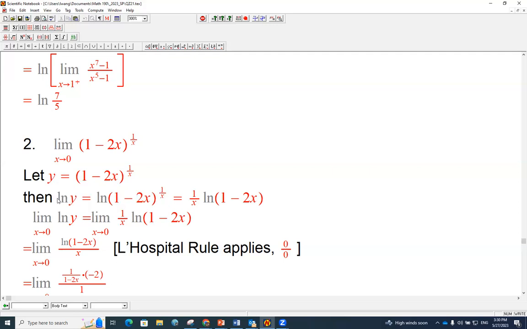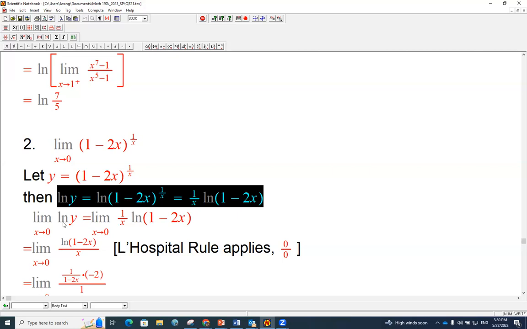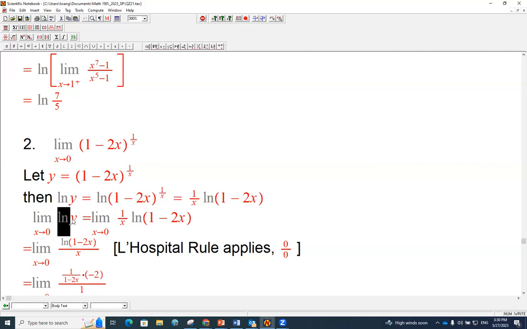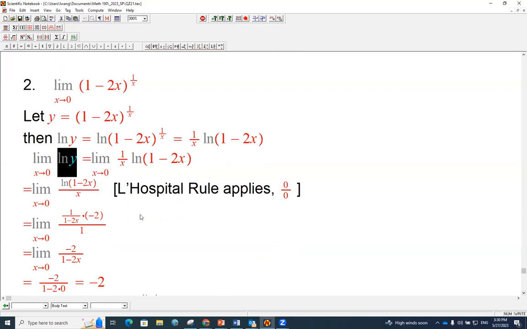We know this is always true, and that is true. Then instead of taking the limit of y, we're taking the limit of ln y, and then we apply L'Hopital's rule to the latter expression. When x is approaching 0, the top is approaching 0, the bottom is approaching 0.